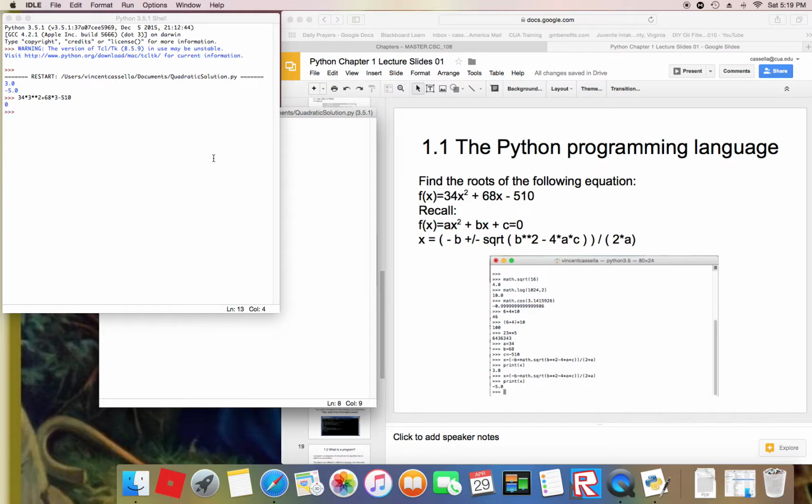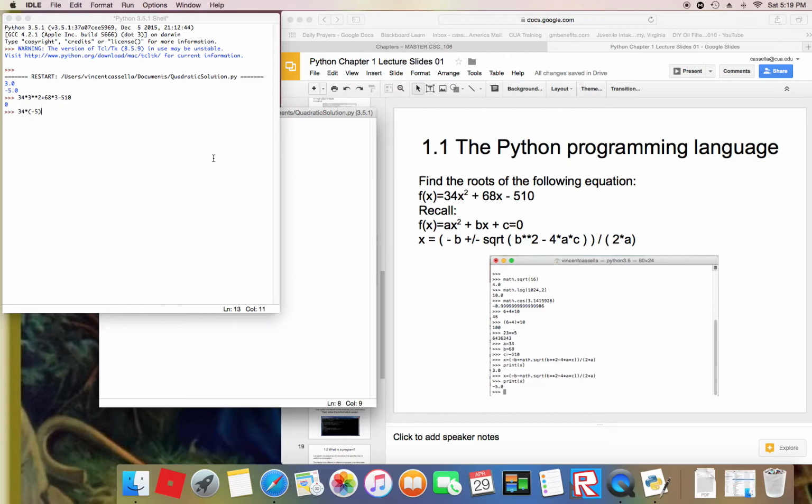Now I want to do the same thing, except this time I'm going to substitute negative 5 instead of 3. I'm not going to type it again, I'll just hit up arrow. Oh, up arrow doesn't work. In some consoles it does. So anyway, I've got to type it again. I'll do 34 times negative 5, and I've got to put it in parentheses because I want that negative sign to also get raised to the 2 power, since all of x gets raised to the 2 power, not just the 5 portion.